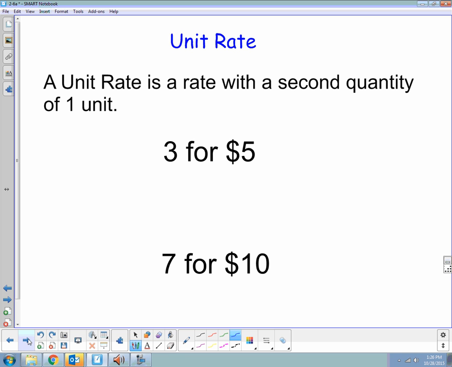When you're setting up these unit rates, if we set it up this way, 3 apples for $5, and we figure out the unit rate this way, we divide by 5. 5 divided by 5 is 1, 3 divided by 5 is going to be 0.6. Most grocery stores will not let you buy 0.6 apples for $1.